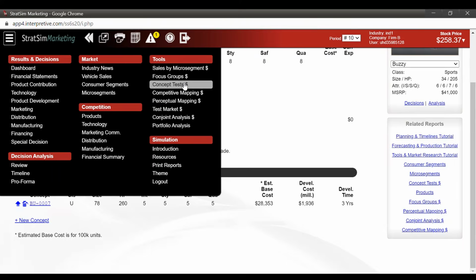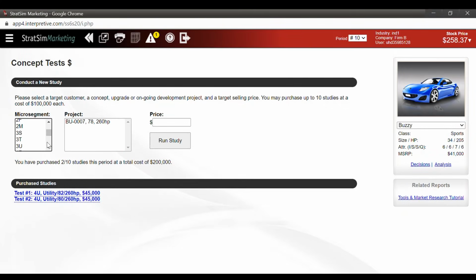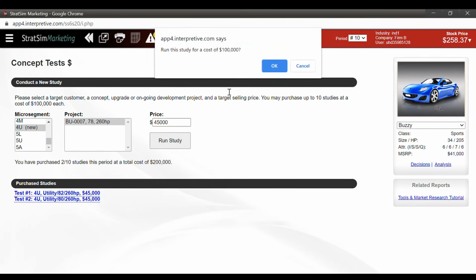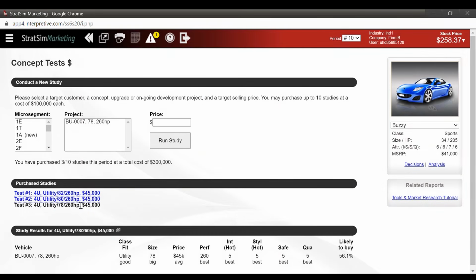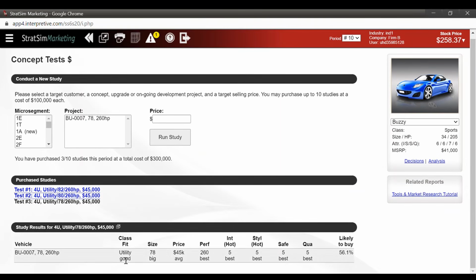Then we go back to concept test, we choose the for-you, and the price we'll keep at 45,000, run the test, 100,000, and we get the results here.